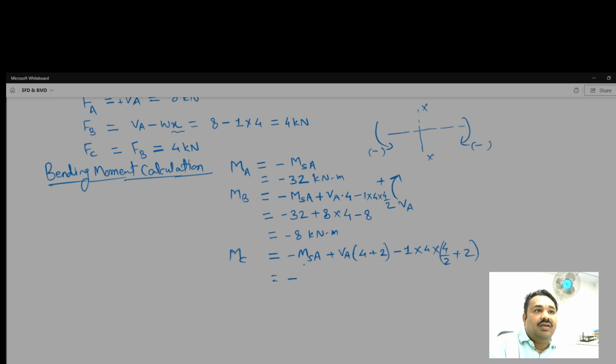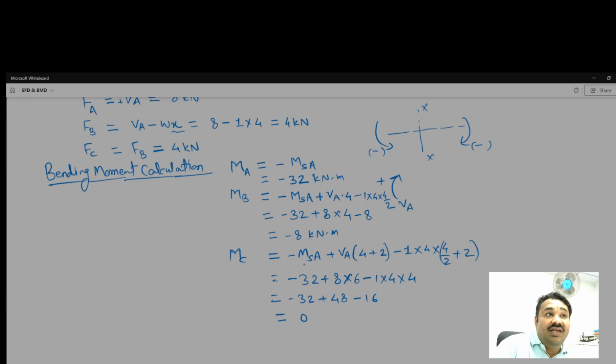So this is equal to minus 32, plus 8 multiplied by 6, minus 1 multiplied by 4 multiplied by 4. So it is minus 32 plus 48 minus 16. So we get 0. It is correct because there is no support at the end C, so the resisting moment will be 0.